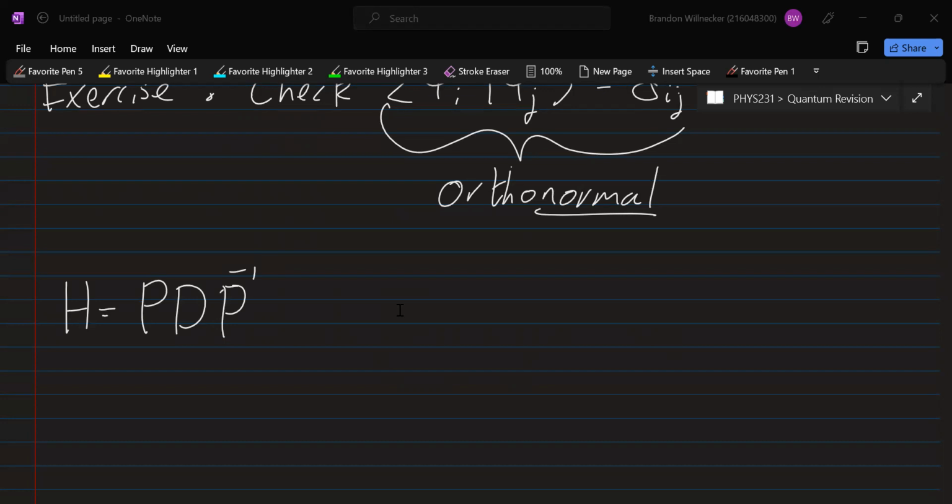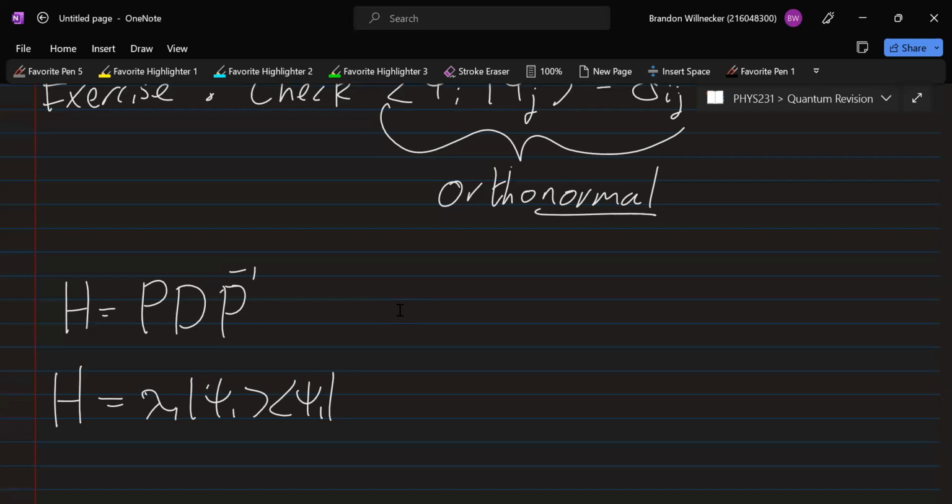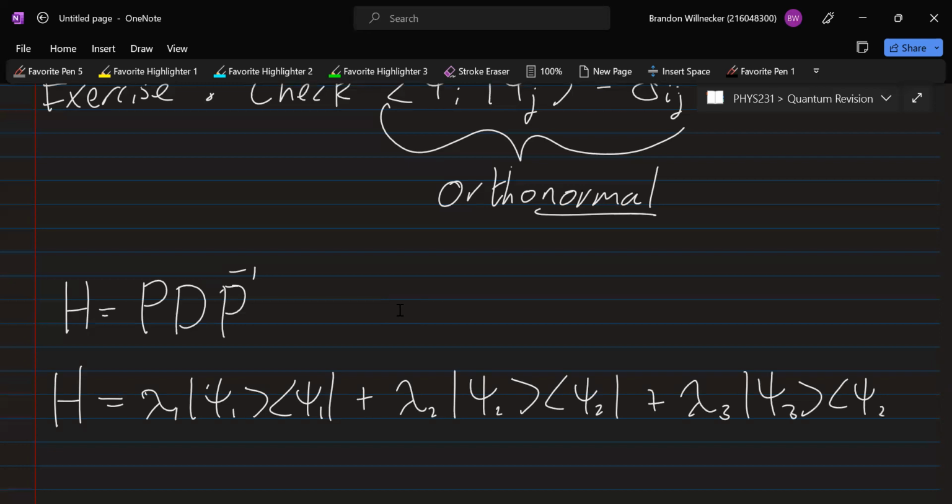However, since this is a Hermitian matrix, we also have the option of writing it in terms of its decomposition with the eigenprojectors. So instead of writing it like this, we could also write it as lambda 1, psi 1 with psi 1, so the projector to the first eigenstate, plus lambda 2, psi 2 with psi 2, plus lambda 3, psi 3 with psi 3.